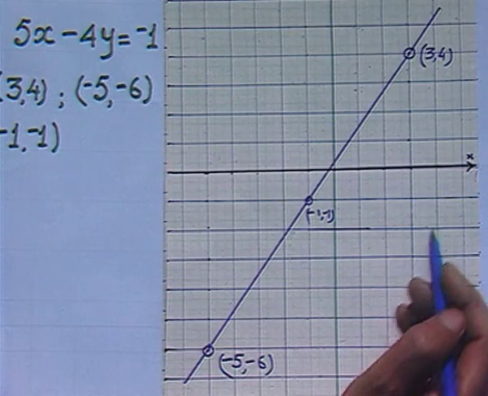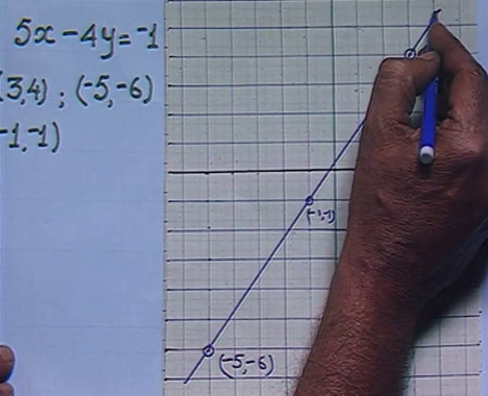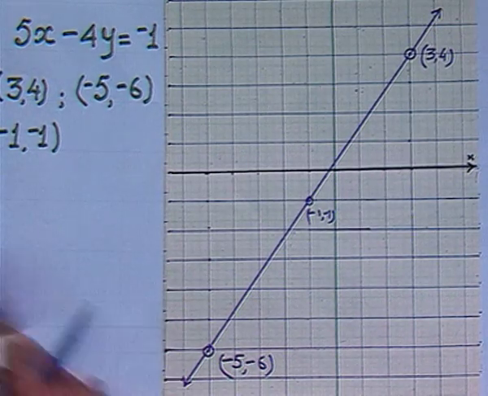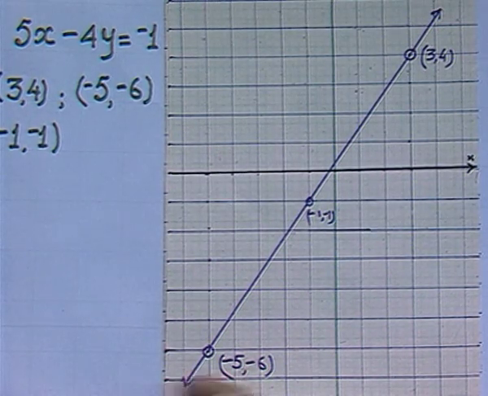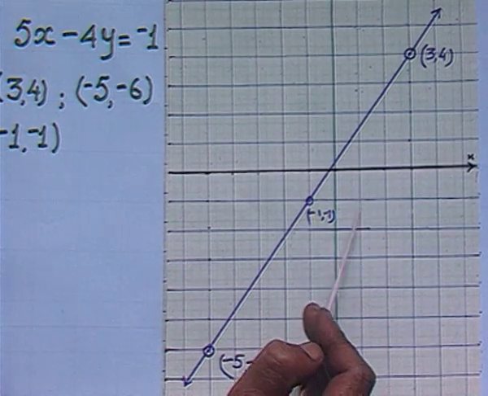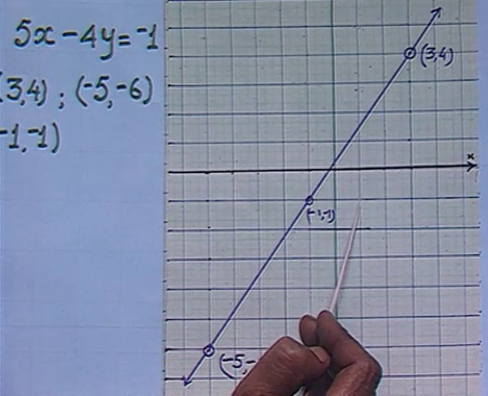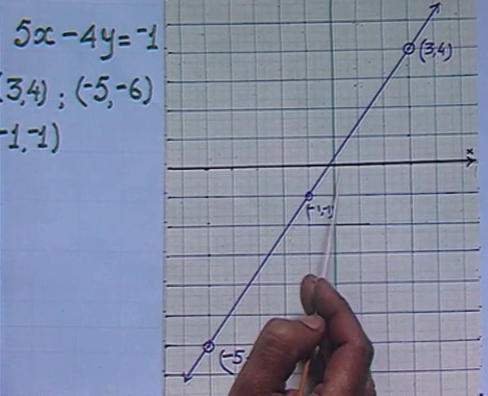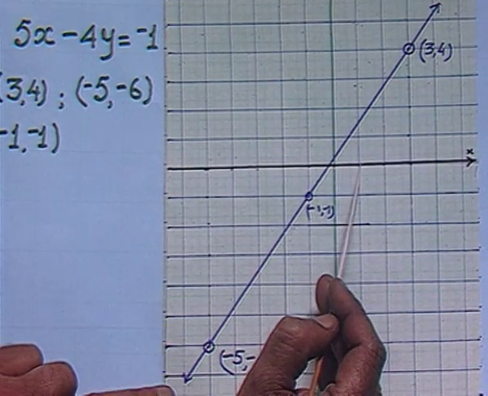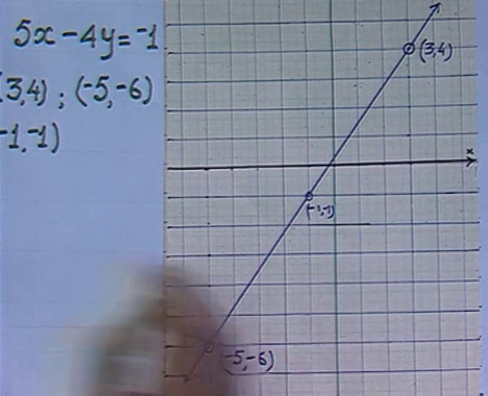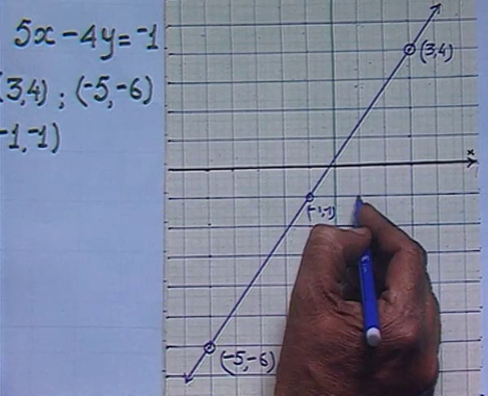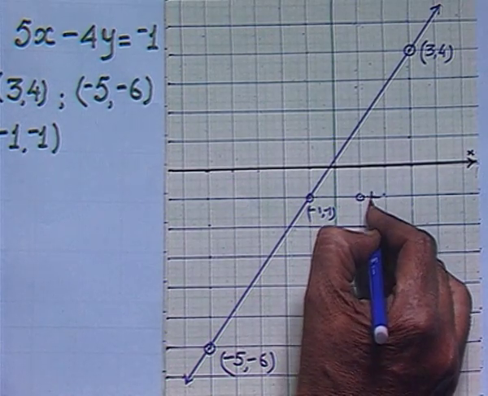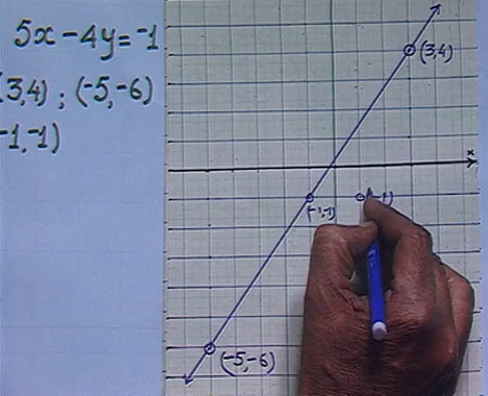So on joining these points by the scale, I find that all the 3 points are in the same straight line. Now if I happen to take any other point outside the line, let's take this point. Can you find the ordered pair for this? The ordered pair for this point is 1 unit on the x-axis and minus 1 unit, so this ordered pair is 1 and minus 1.